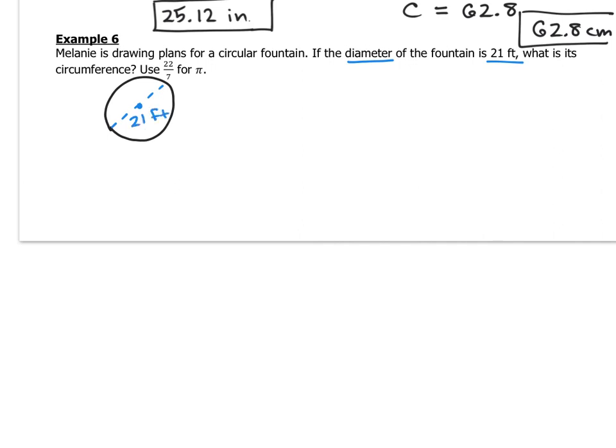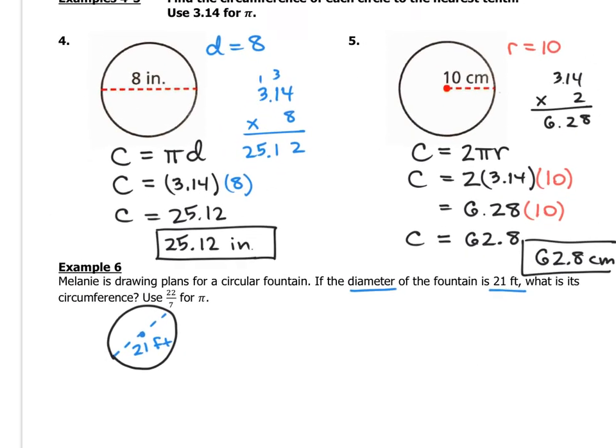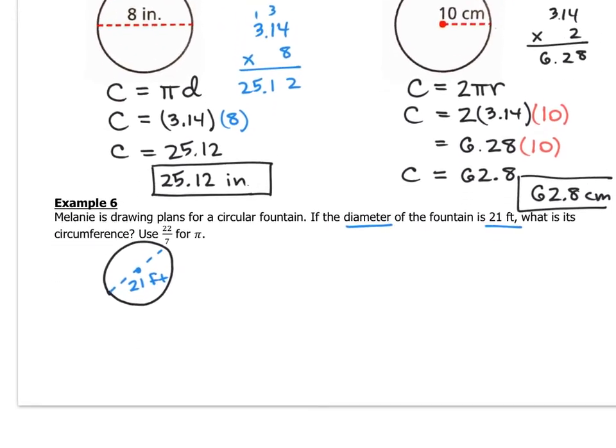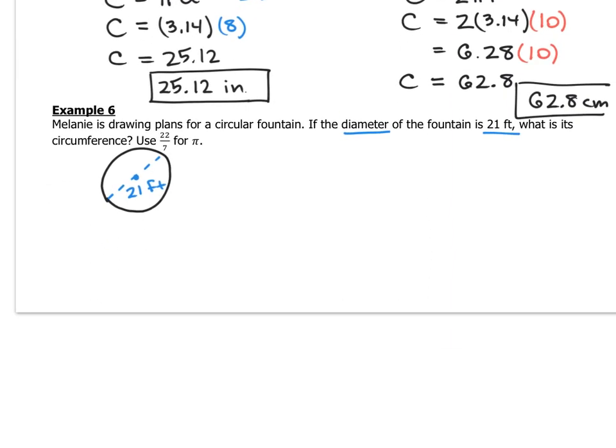So now that we have that picture drawn, this is exactly the same as number 4. We have a circle. We're given the diameter. We can find the circumference using our formula. So diameter is equal to 21. We'll use the formula C equals pi times diameter. And this time it asked me to use 22/7 for pi, so that's what I'm going to plug in for pi here. And then my diameter is 21, so this becomes 22/7 times 21. 21 is a whole number, so I can write that over 1.